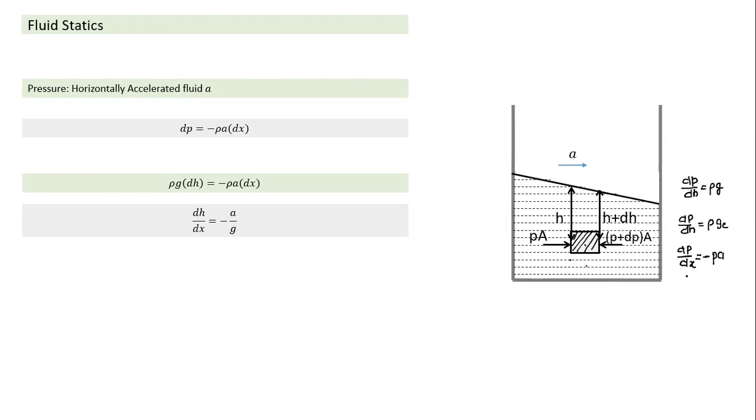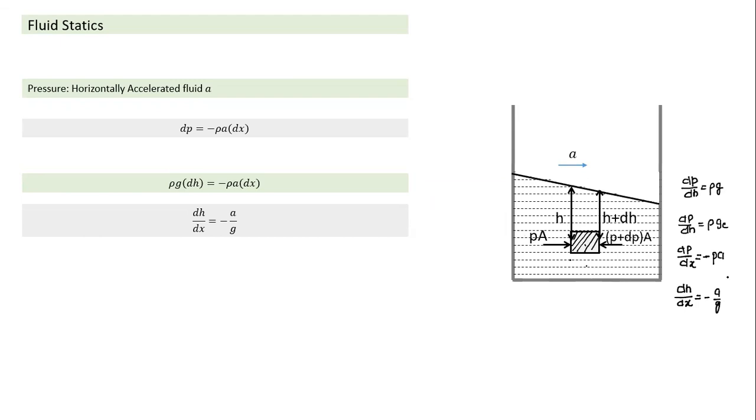Since P equals rho g h, from here I can also find dH by dx, the slope of the liquid. The slope is dimensionless, so it becomes equal to A by G. We can derive that; some of you who are interested can do that.